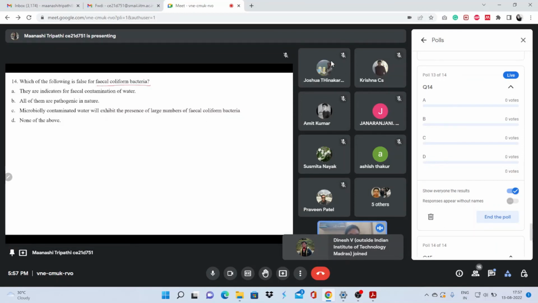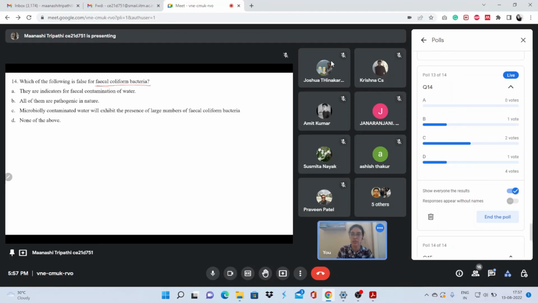Fecal coliform bacteria means the coliform bacteria that are present in feces. They are indicators for fecal contamination of water. All of them are pathogenic in nature. Microbiologically contaminated water will exhibit the presence of a large number of FCB, fecal coliform bacteria, or none of the above.